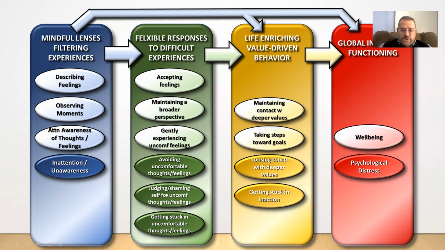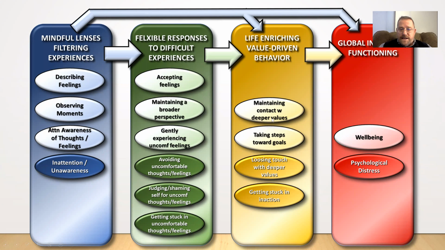Do you shame or judge yourself, or do you get stuck in those feelings? This obviously overlaps a bit with the emotion regulation literature, and your ability to decenter from those difficult experiences can then allow you to take steps toward the deeper goals in your life, even in the midst of stress, chaos, and setbacks.